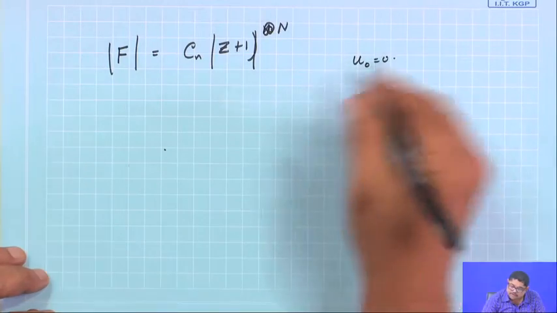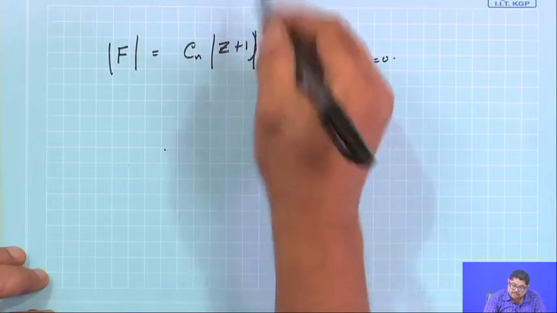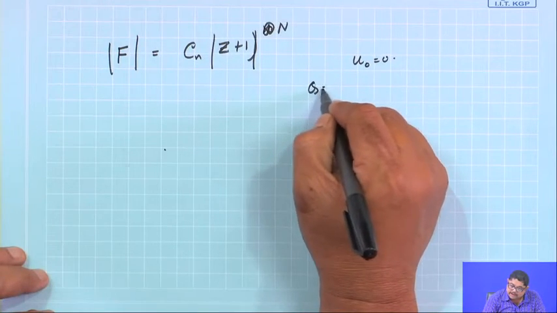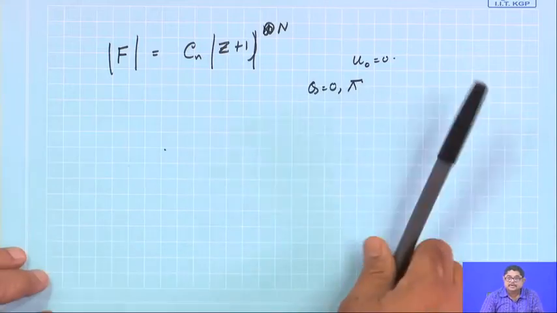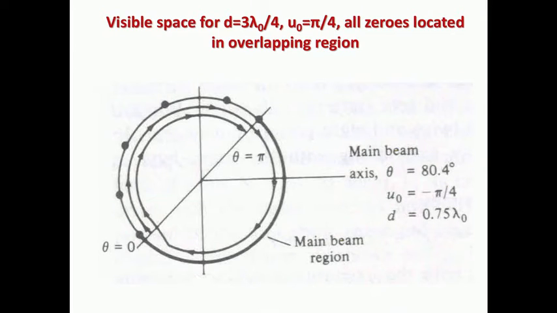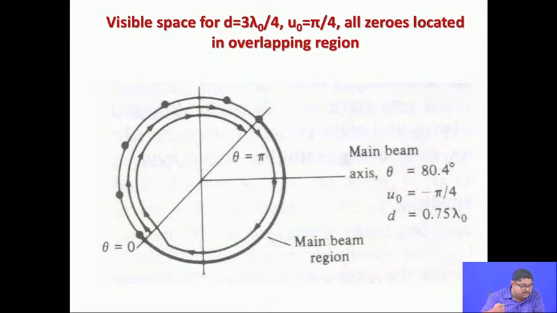Let us say for u0 is equal to 0, z is equal to minus 1 means theta is equal to 0 and pi. That means at the 0 point and the pi point, I will put so many zeros.